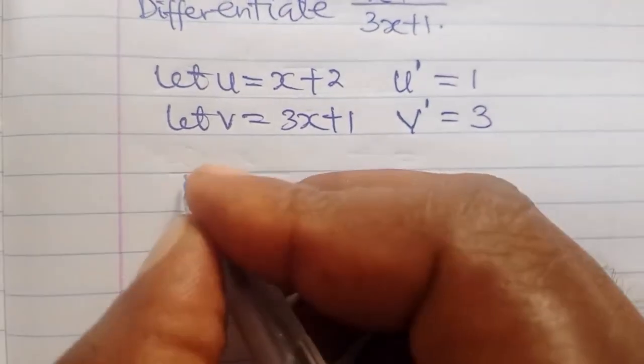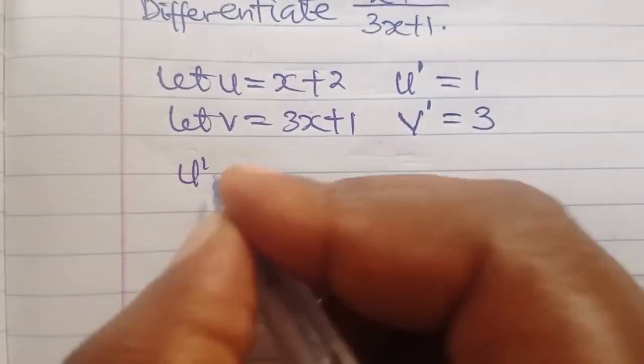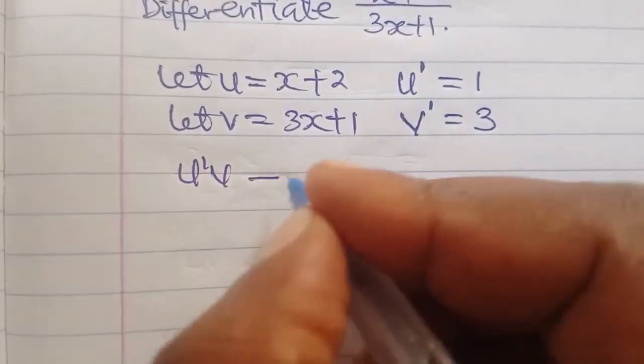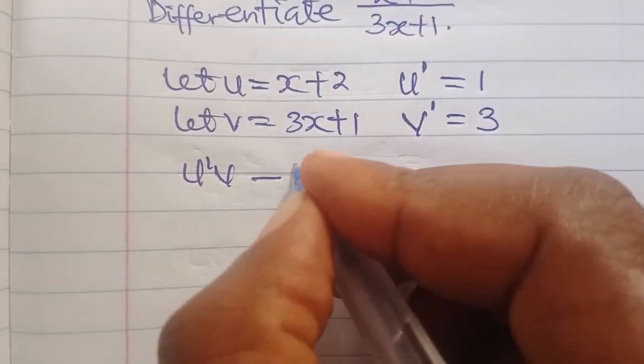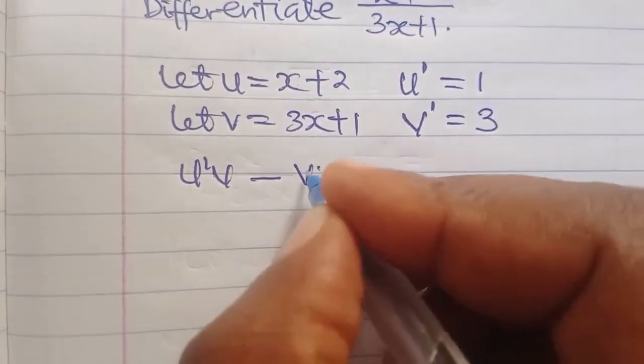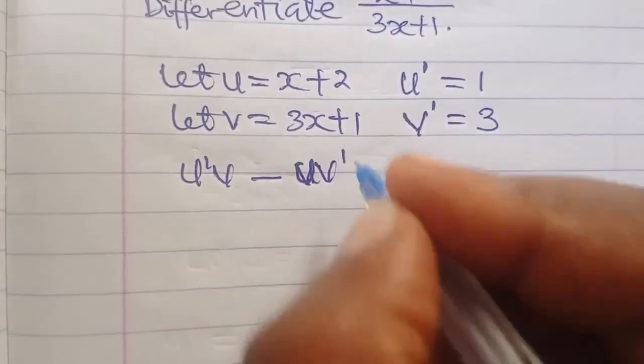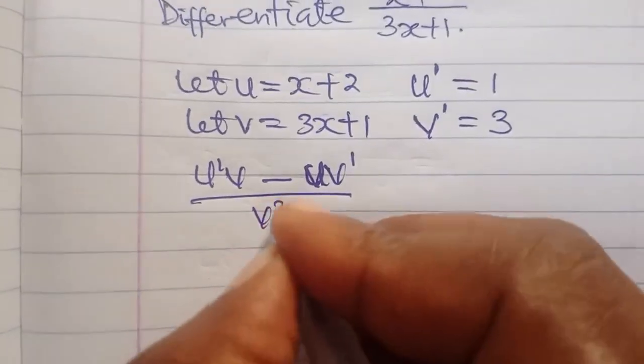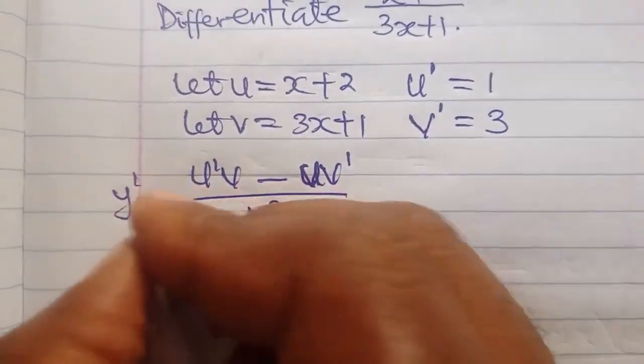So we can now apply the rule: differentiate u, keep v constant, minus keep u constant, differentiate v, all over v squared, which is dy/dx, y prime.